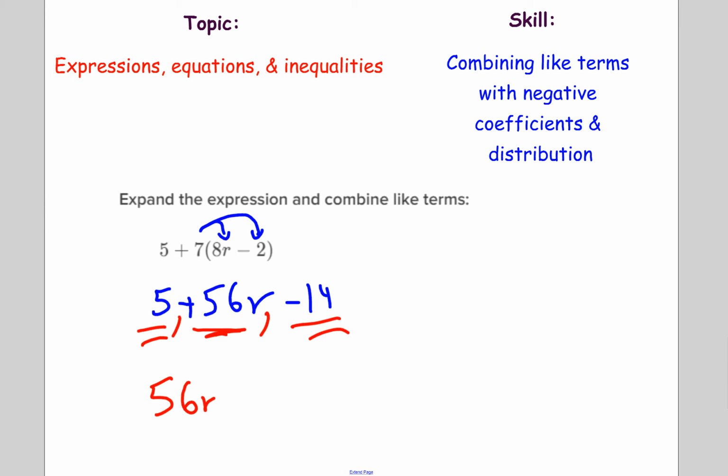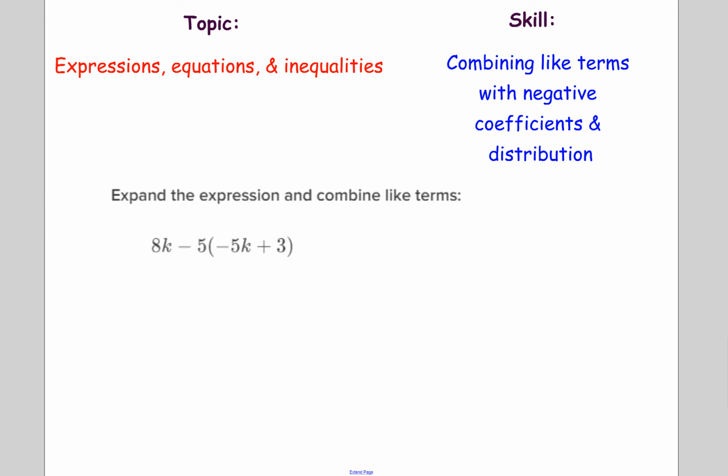Positive 5 and negative 14 would make negative 9, which means our simplified expression after we combine like terms is 56r minus 9. All right, is there another one?